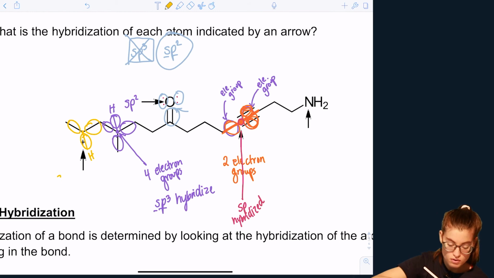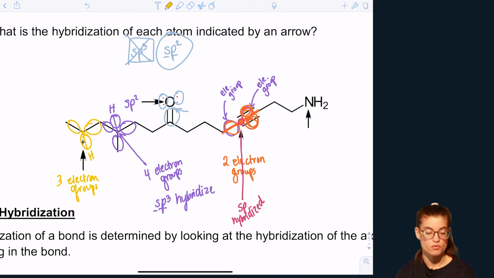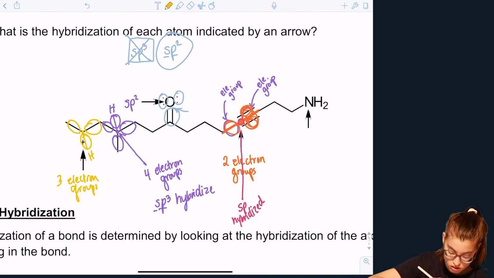So if we have 3 electron groups, then what will be the hybridization of that carbon? Well, if we've got 3 electron groups, then we need 3 hybridized orbitals. So that means we will be sp2 hybridized.